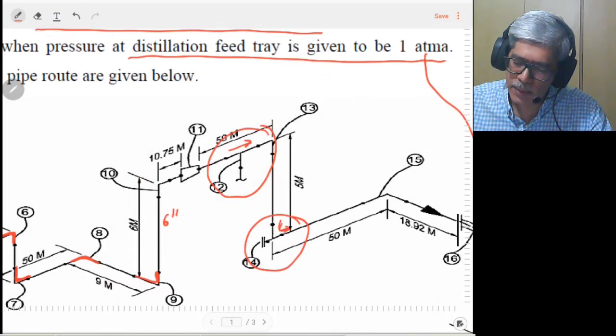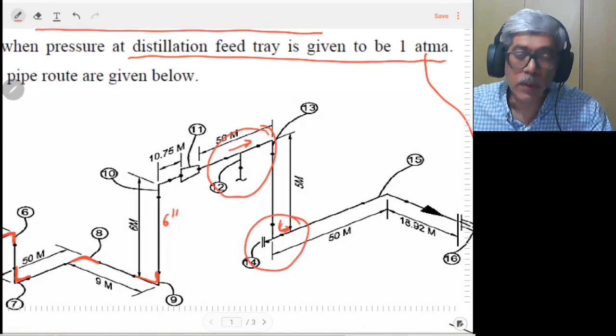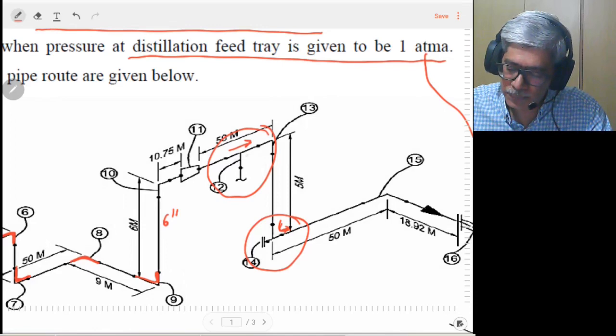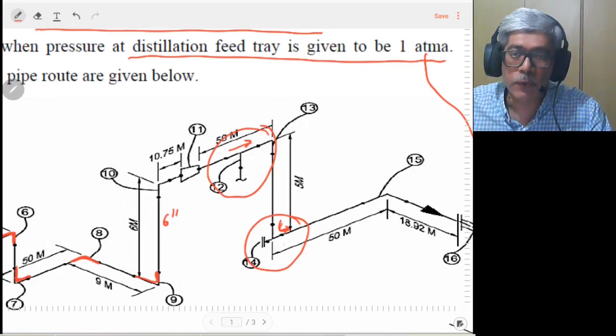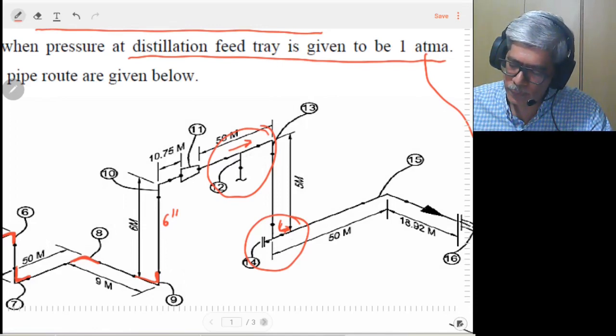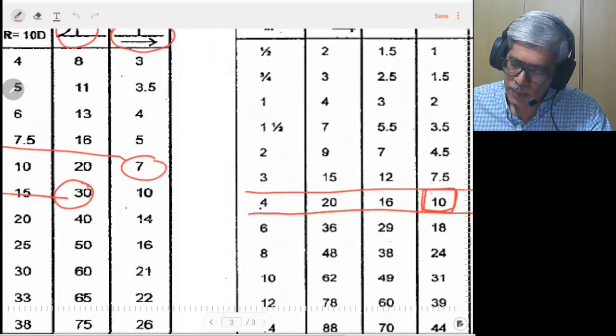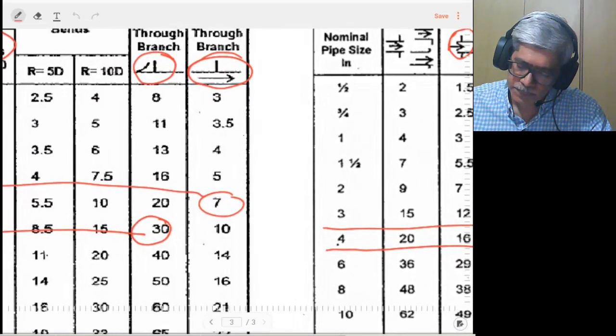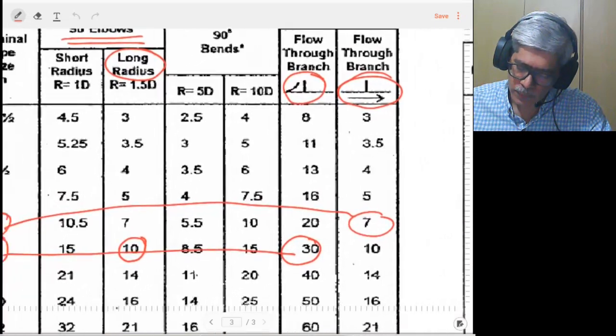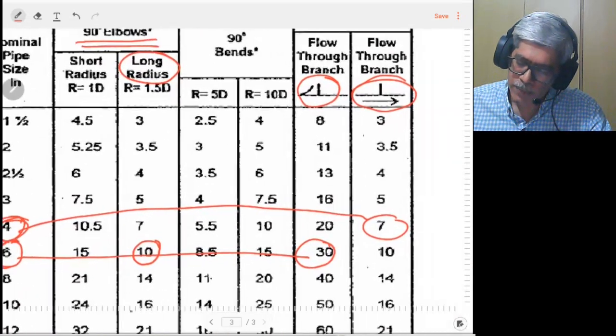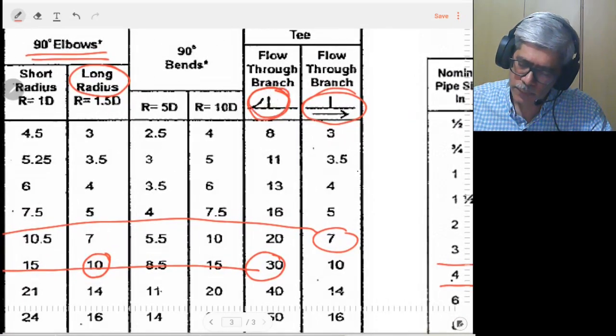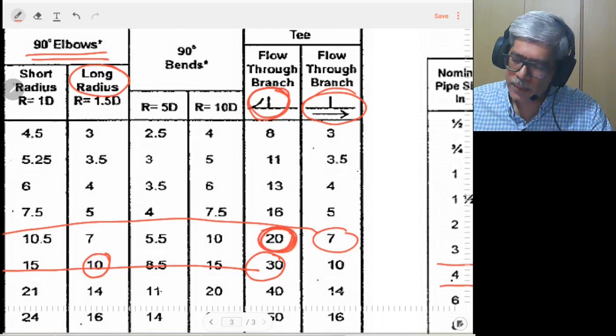Unlike this T where the flow was through the main line, here the flow is through the branch. So we have to refer to the corresponding table. So for 4-inch pipe and flow through the branch, we have equivalent length which is given as 20 feet.